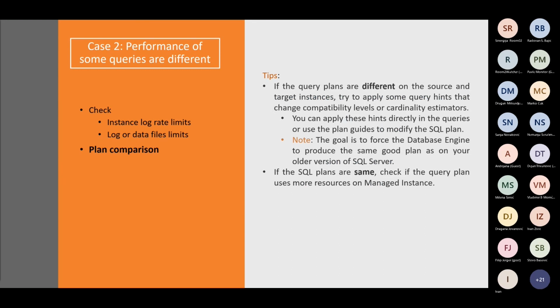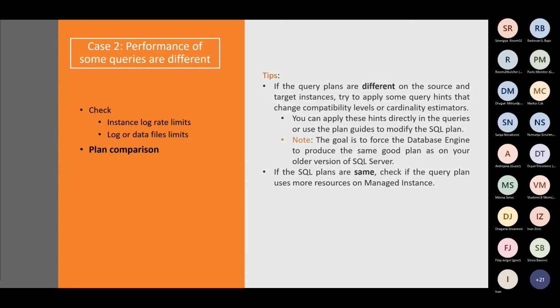Okay, so we already talked about this. Basically, for plan comparison, the goal is to force the database engine to produce the same good plan as on your older version of the instance, or on your source instance, better to say.